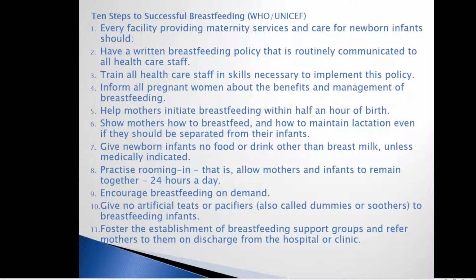These are the 10 steps to successful breastfeeding, and you can find all these steps in different lecture materials and articles, because in all countries we propose and involve breastfeeding, explain to the patient why it's necessary, and help our patient start breastfeeding correctly. You can see it on this slide.